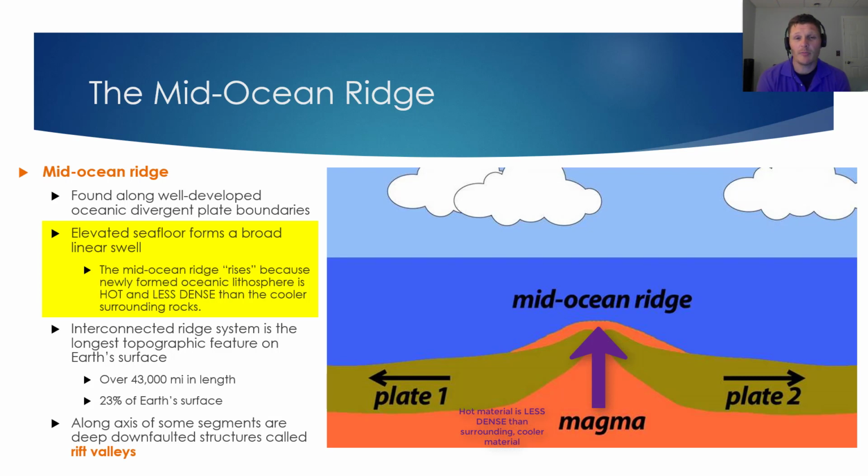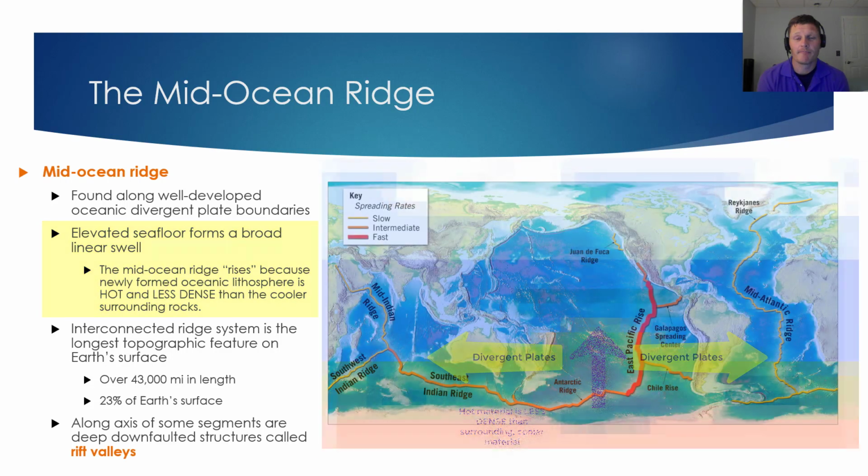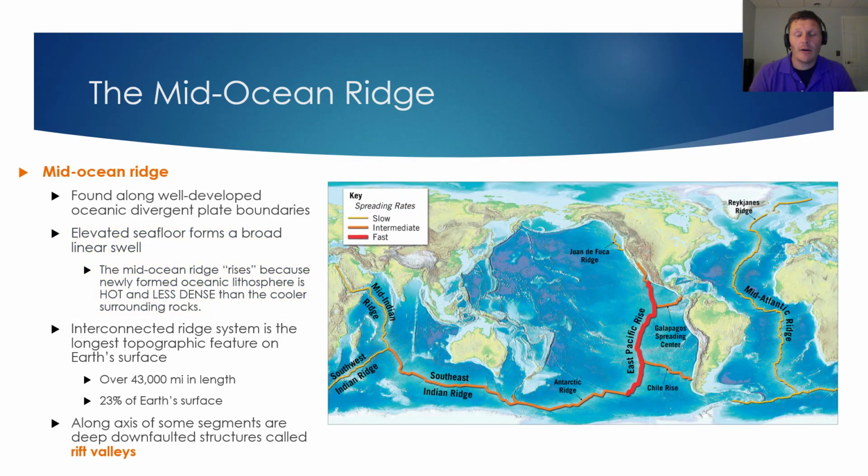Putting it as generally as possible, warm things tend to rise and cool things tend to sink. So at divergent plate boundaries, where the seafloor is spreading, that newly formed lithosphere is really hot, and being hot, it wants to rise.